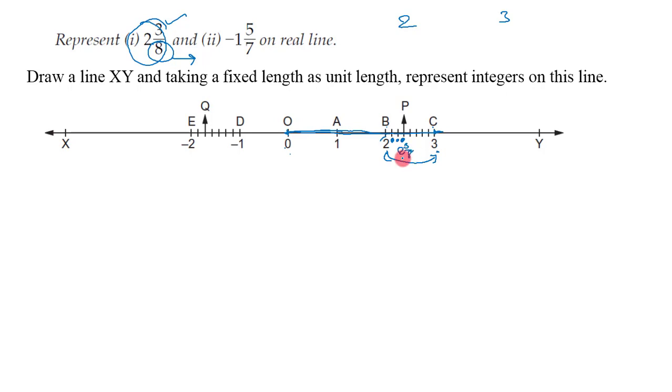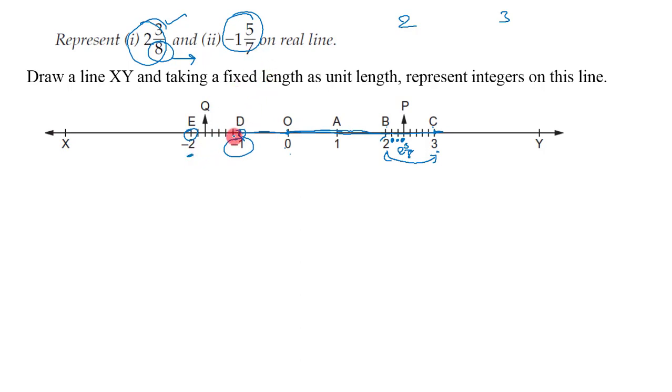Likewise, you can represent minus 1 whole 5 by 7 also on the other side. If you take minus 1 whole 5 by 7, on the left of 0 take a fixed distance OA, then you will get a point D. This I consider as minus 1, and 2 times OA gives a point E which we consider as minus 2.